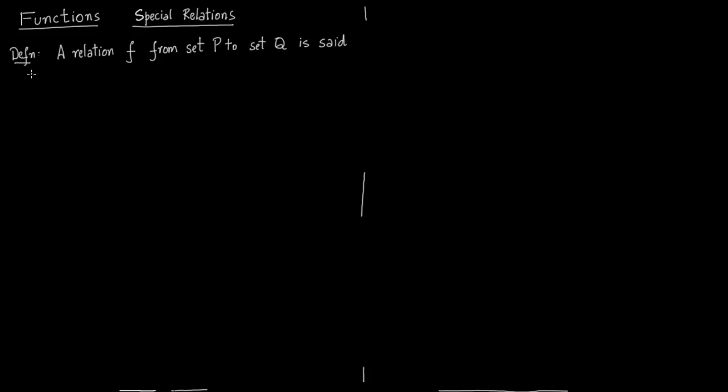So a relation F from set P to set Q is called a function, or said to be a function, if every element of set P has one and only one image in set Q.